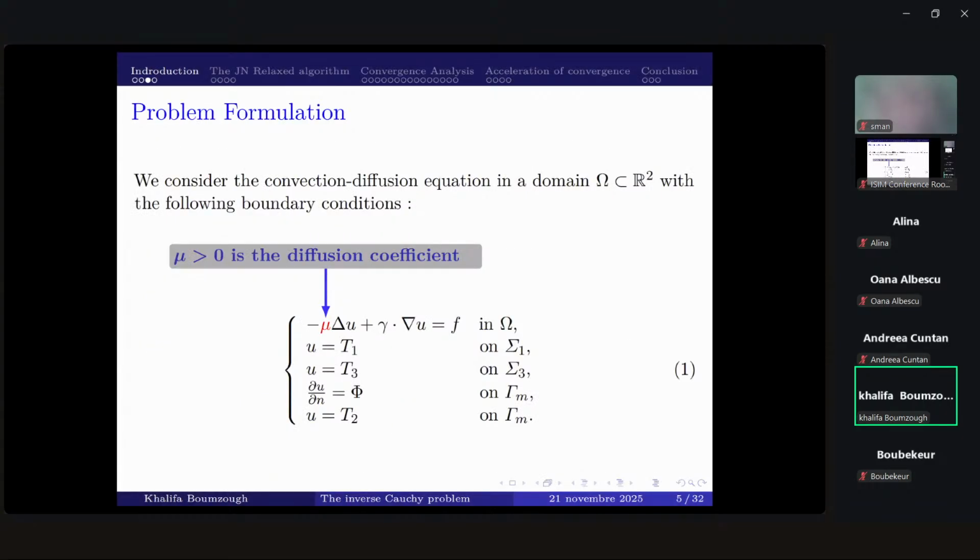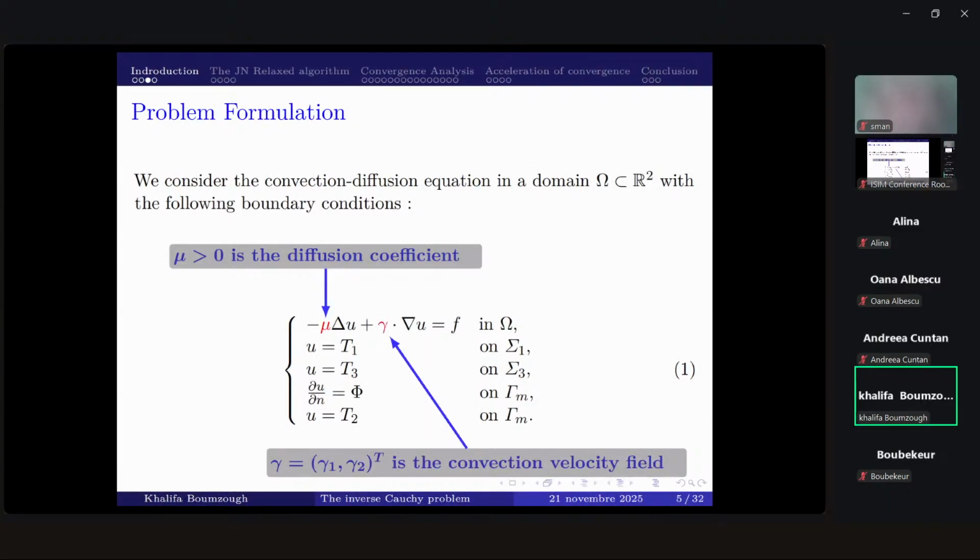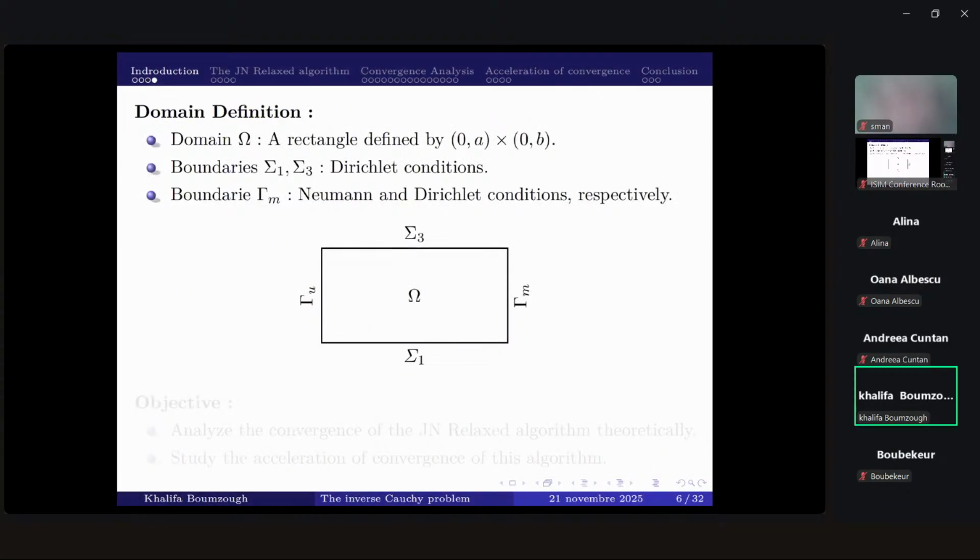We are interested in studying the convection diffusion equation defined like this. We have R positive as the diffusion coefficient and gamma as the convection velocity field. We consider this rectangular domain, where we have Dirichlet boundary conditions on sigma 1 and sigma 3, and we have both Neumann and Dirichlet data on the right boundary sigma m.